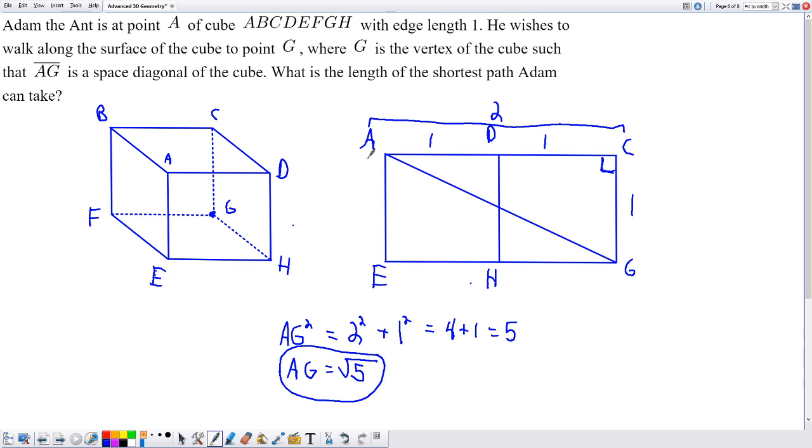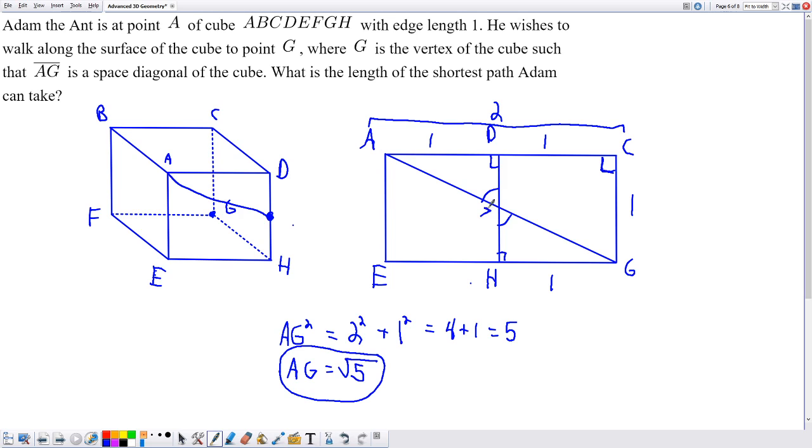Now, another interesting thing is that when the ant is traveling from one surface to another, it looks like it's crossing the one surface at the halfway point. Well, is it? If we look, these 2 angles are right. These 2 angles are the same. And HG is the same as AD. So we have angle, angle, side congruence between the triangles.